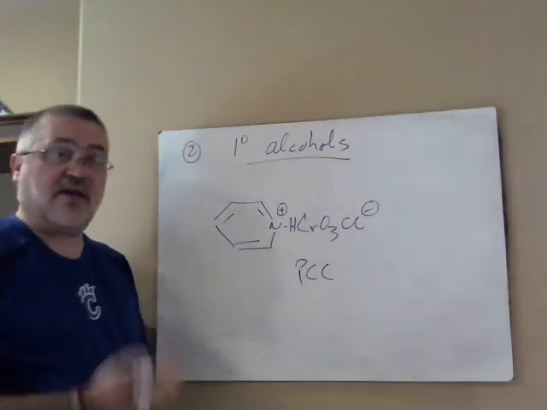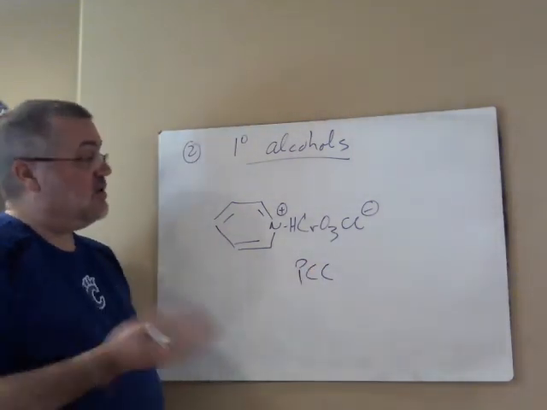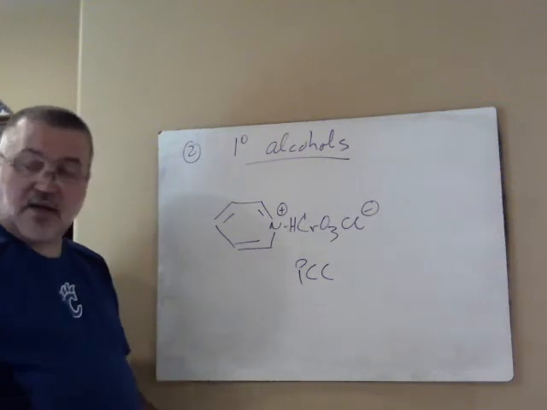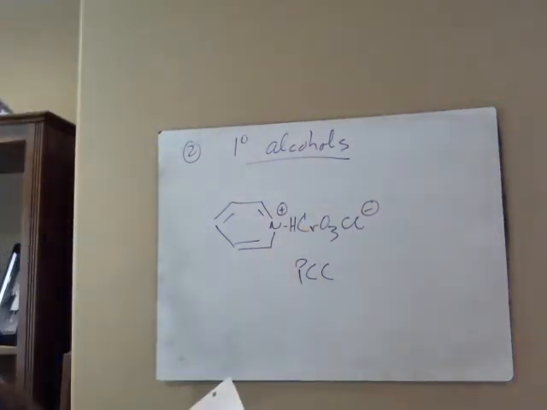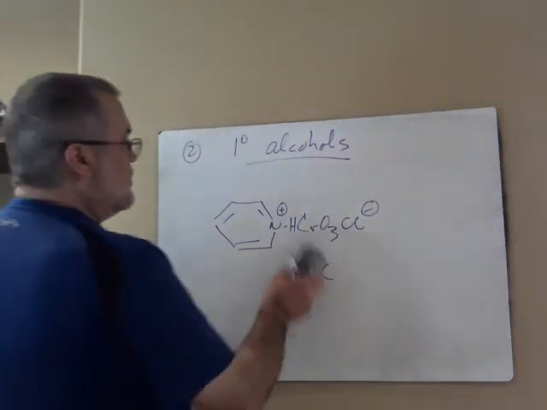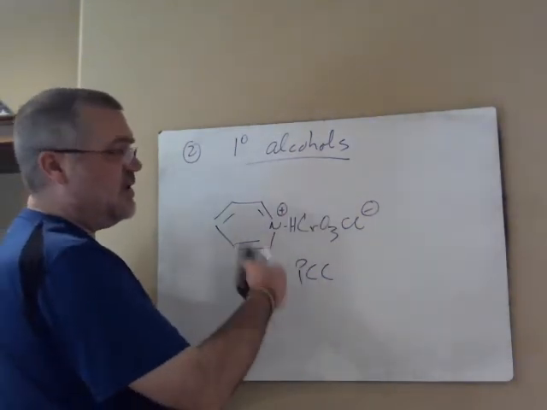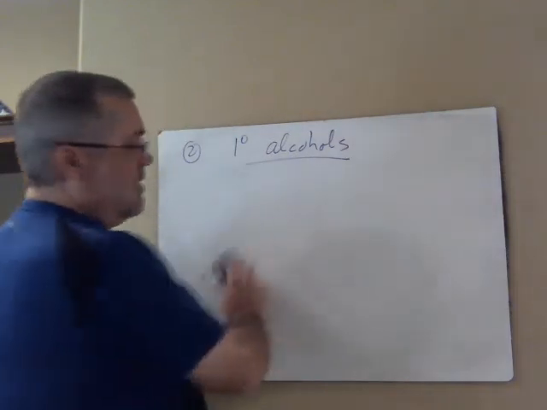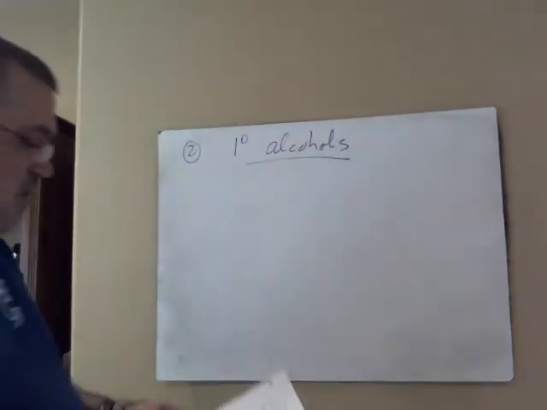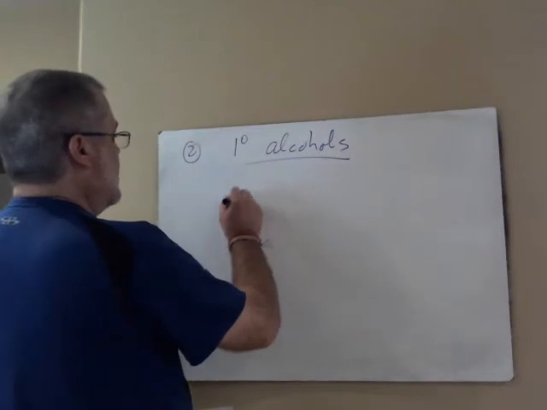So it's not as powerful an oxidizer, so it only oxidizes one oxidation state. Okay? So if you want to take a primary alcohol, if you treat it with PCC, you will form the aldehyde. Okay? But you can also oxidize it all the way.